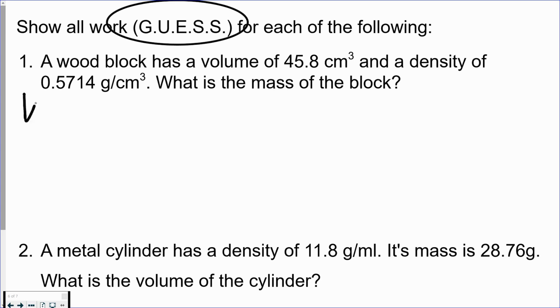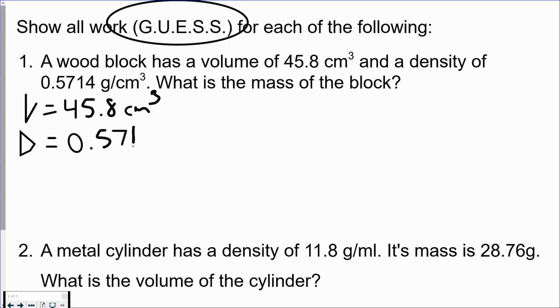So you're given a volume of 45.8 centimeters cubed. You're then also given a density of 0.5714 grams per centimeter cubed. You're asked to solve for mass.